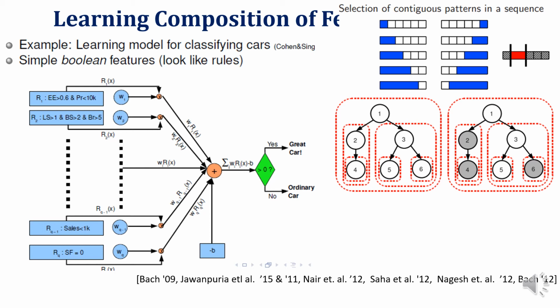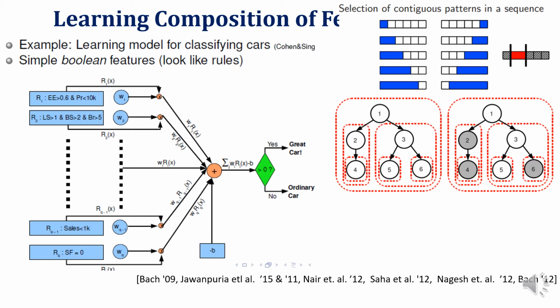Can we learn to compose these basic features as conjunctions to create interpretable rules, weighted rules with associated weights wi's, such that the resultant classifier is accurate, which means using either hinge loss or some logistic loss, you maximize and not only obtain the weights and the rules, but also obtain the combinations of the basic features that created those rules.